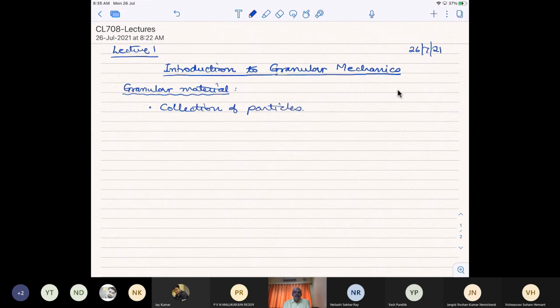Okay, so there are many examples you can think of. Sand, gravel. But if you're looking in industry, then maybe catalyst pellets.